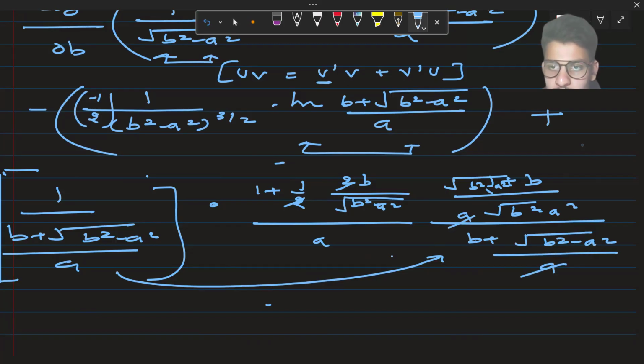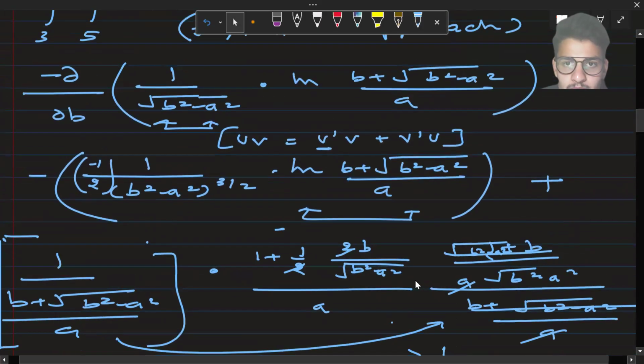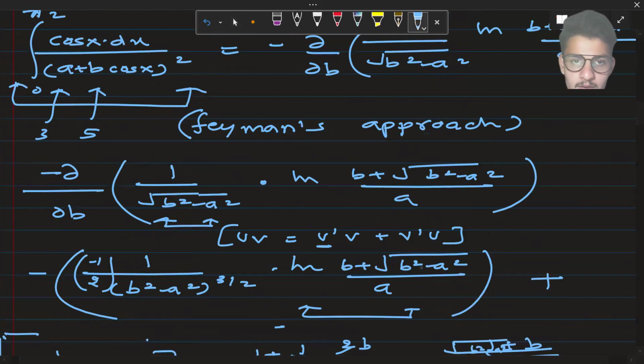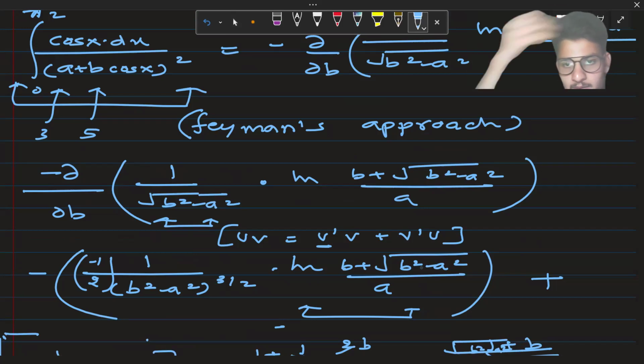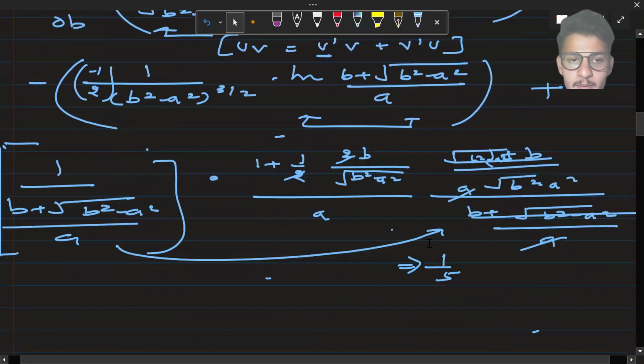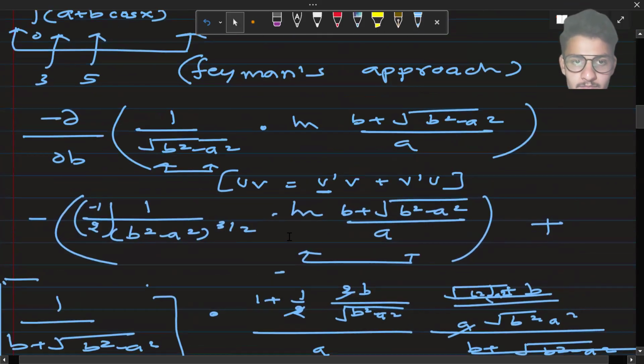This a and this a will get cancelled, and these both will also get cancelled. So we will receive the answer as 1 by 5. 1 by 5 here in the place of the differentiation. Okay, in this manner we will get the differentiation. So the final answer, what do you expect the final answer to be?